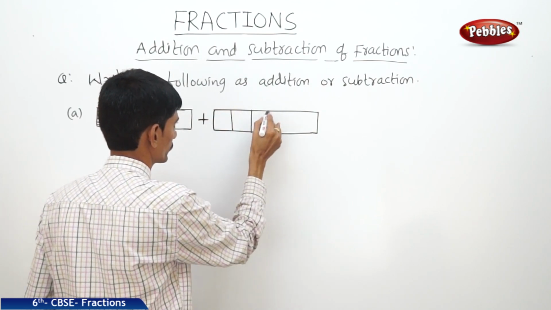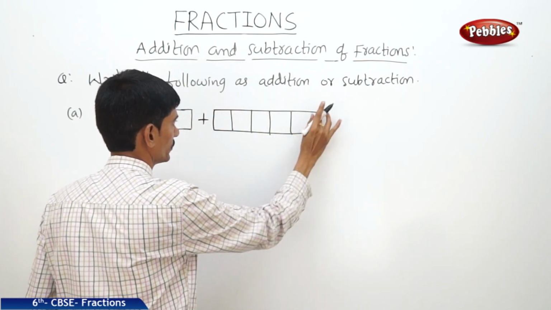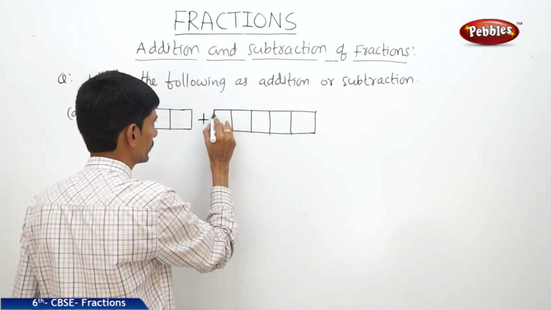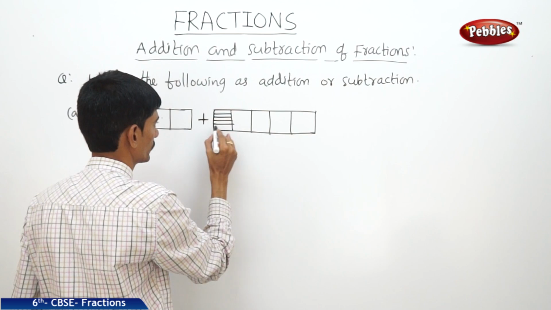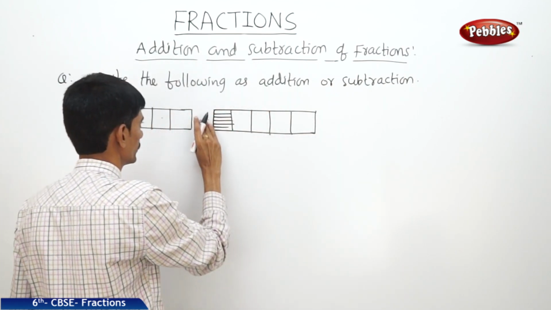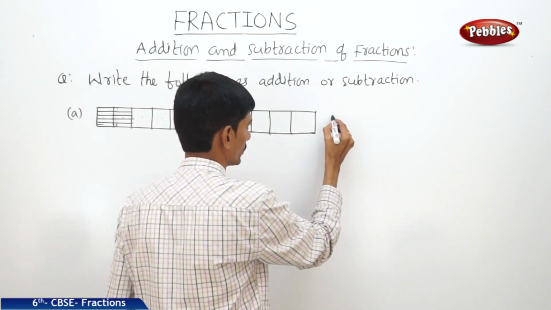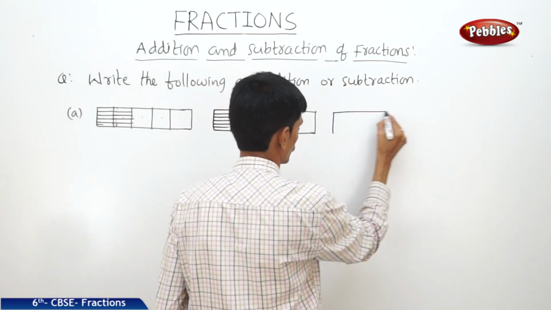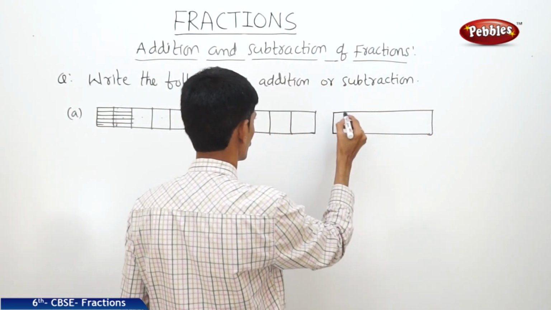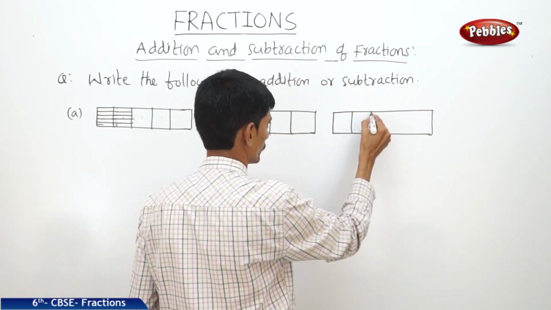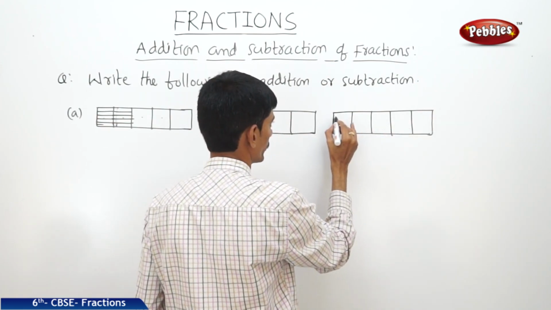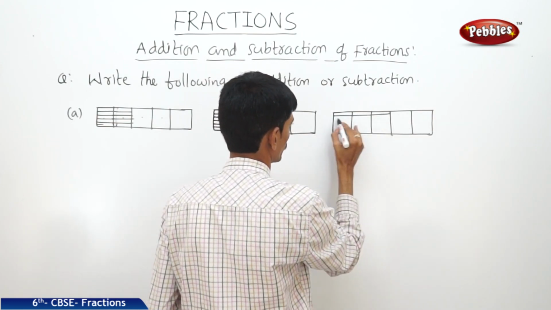One, two, three, four, five. So in this again there are 5 equal parts, and one part is shaded. There is another rectangle with 5 parts, and in this 3 parts are shaded.